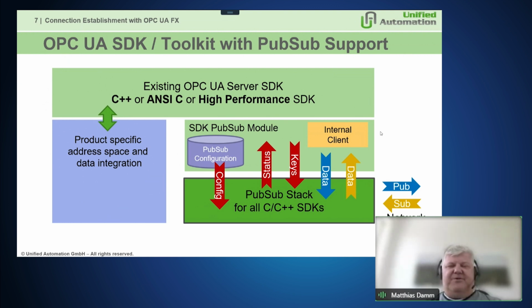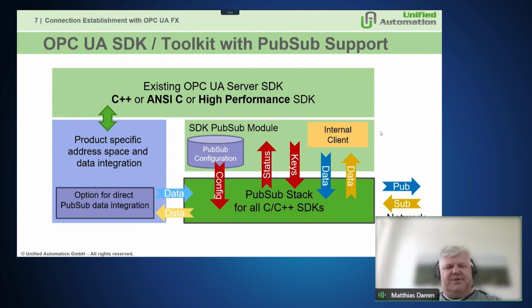In a lot of use cases that we talk about in OPC UA FX, you want to have efficient cyclic communication. So we also offer options to directly integrate with the messaging, so that you can directly transcode your process image data into messages sent over the wire. There are optimization ways, and this is something you probably have to do when you develop a product. But at that level, it has nothing to do with OPC UA FX.